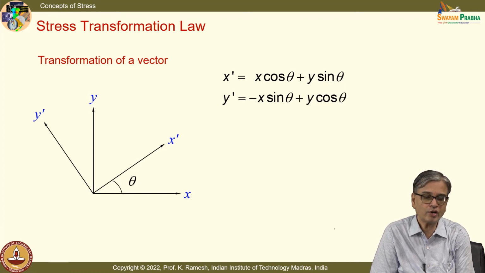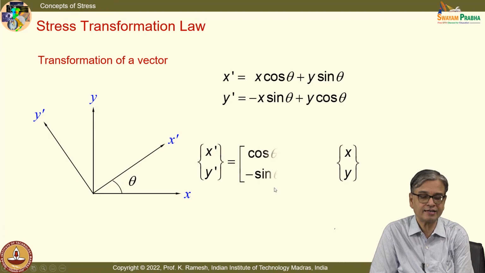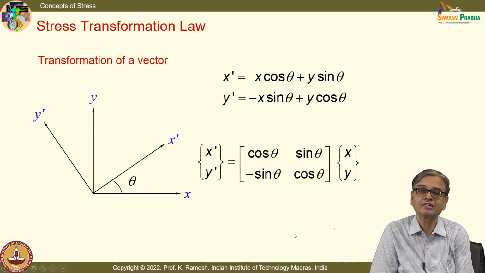I can also write this expression in matrix notation. I can put x prime y prime as a vector, and I can put these quantities appropriately as a matrix. So I want to go from xy to x prime y prime, and what I need here is a matrix.